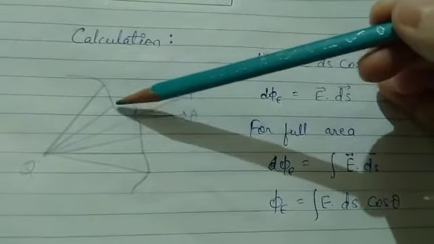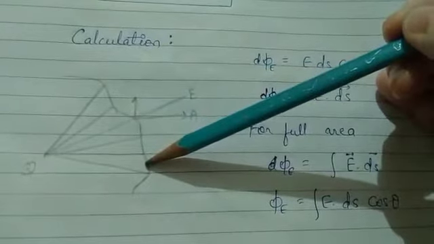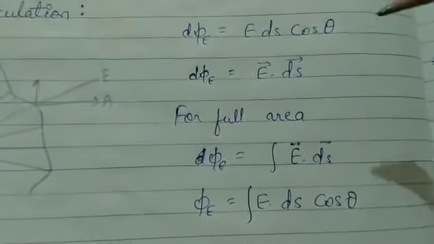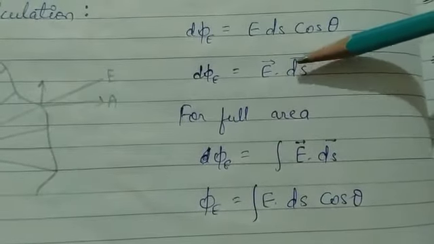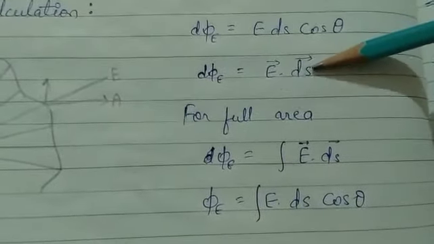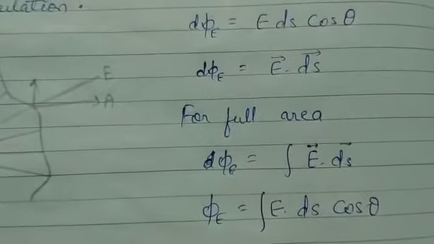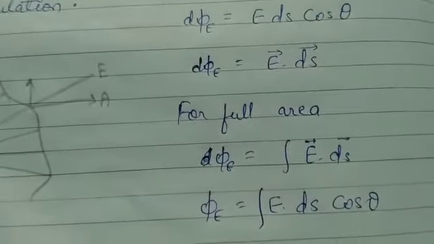For small surfaces we take the area and then integrate to get it for the full area. So electric flux is not written in the form of E into A, where A is the total area, but in the form of E into ds. If we take one small area ds, the small electric flux d phi E will be E into ds.